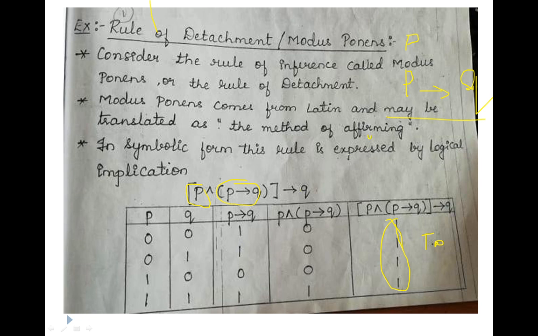So I'll write here using these symbols, then I'll write that as Q. Okay, so this particular part is going to be called the tabular form of a rule.